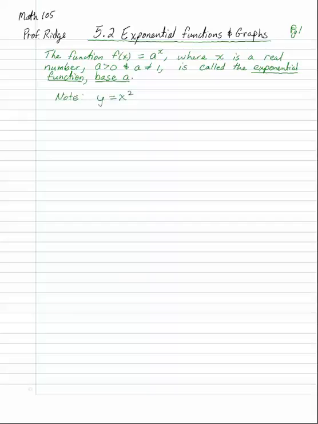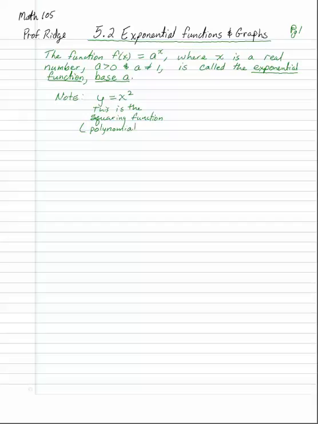Okay, so notice y equals x squared. That is not an exponential function. It's the squaring function, or it's a quadratic function, or it's a polynomial function.